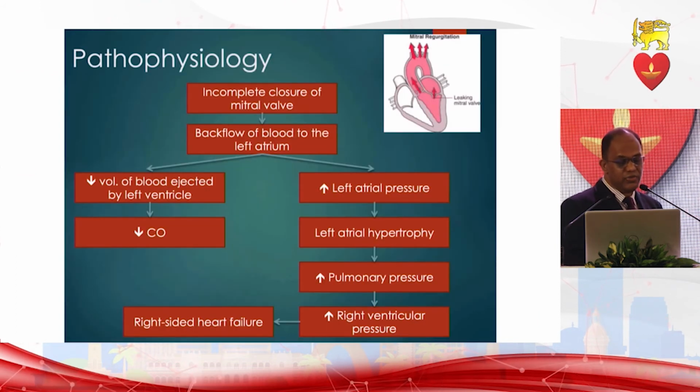When it comes to mitral regurgitation, again at the end, the cardiac output will fail because the left heart becomes dilated and fails. So the patient will, at the end, receive very little blood through the systemic circulation. At the same time, due to increased back pressure towards the right side of the heart, pulmonary hypertension and right ventricular failure can occur.